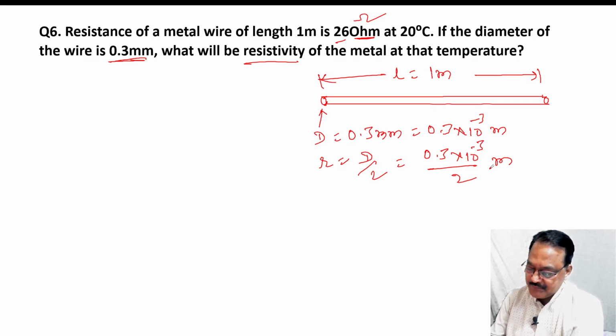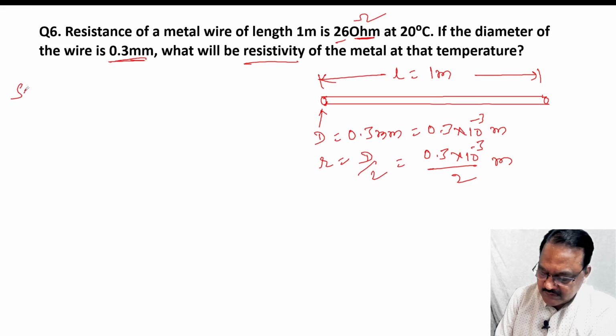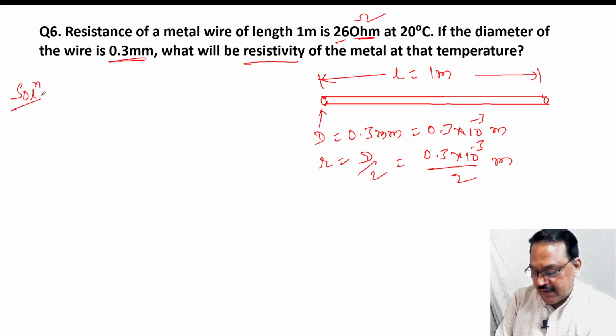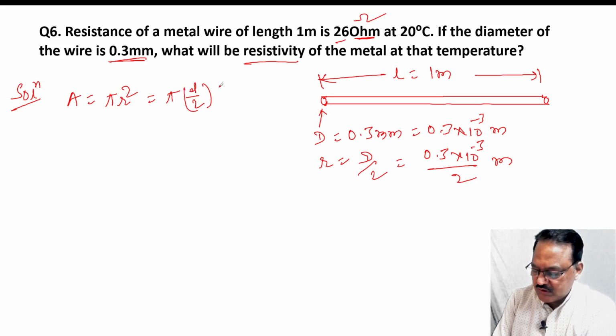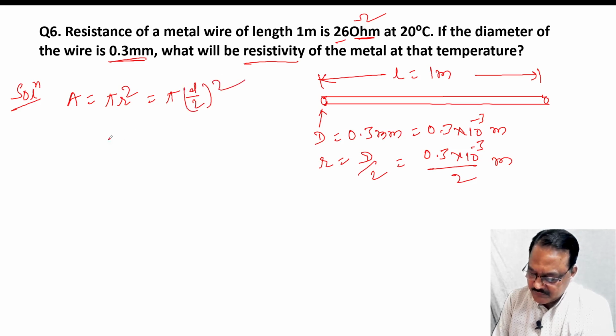How is it given? Cross section area of this wire A, as per the formula, is pi R square. So we can write here pi into D by 2 whole square. Okay.